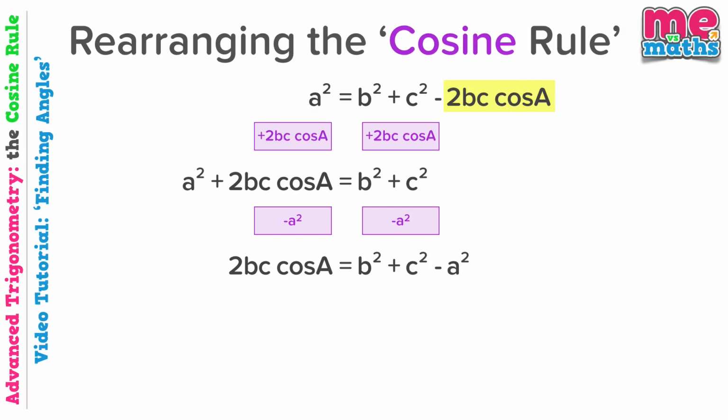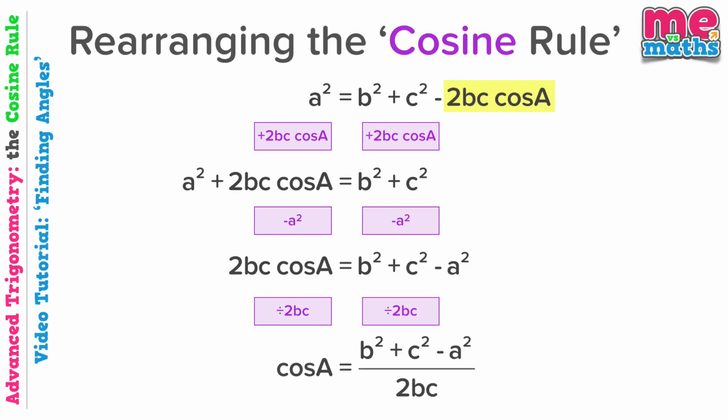The 2bc is multiplying by cos A, so to eliminate the 2bc we need to divide by this part. This gives us cos A, which is actually how we'll leave it, is equal to b squared plus c squared minus a squared, all divided by 2bc.